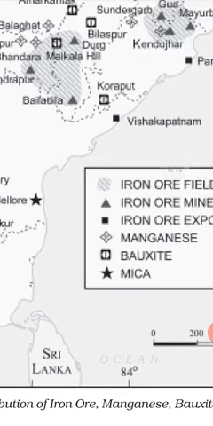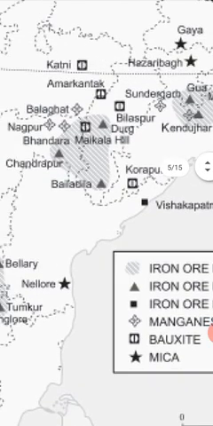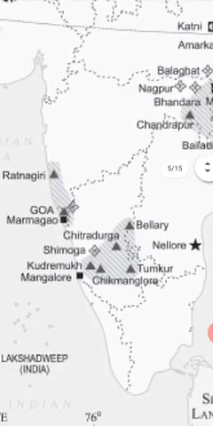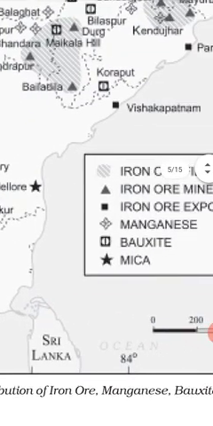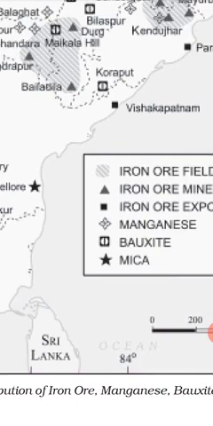And then bauxite. Okay, let us come to bauxite. It is Maikal, then Katni, Amarkantak there. Here Bilaspur is there. These are major bauxite areas. And Koraput, yes, it is there.